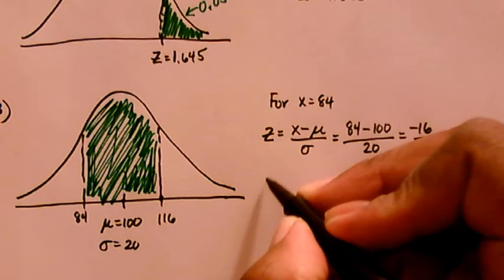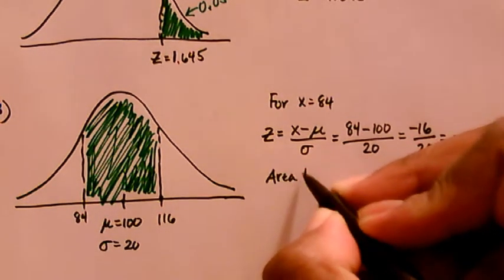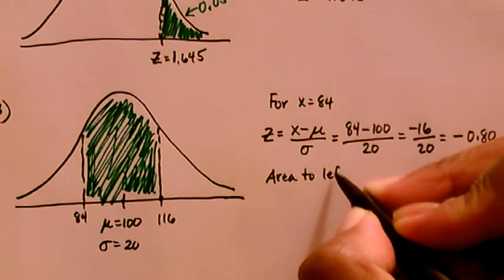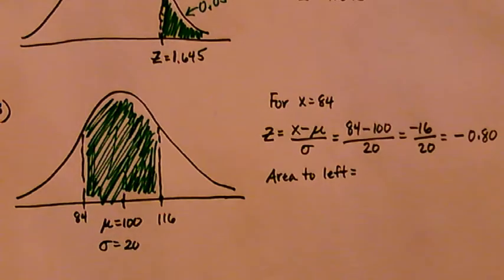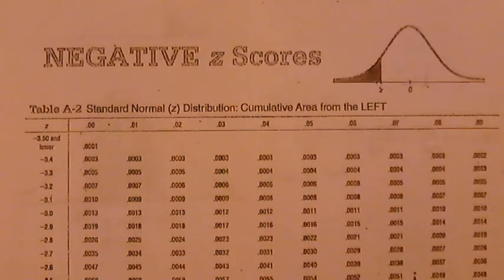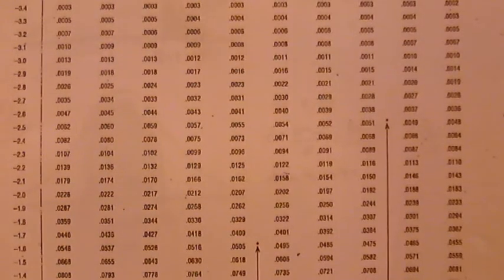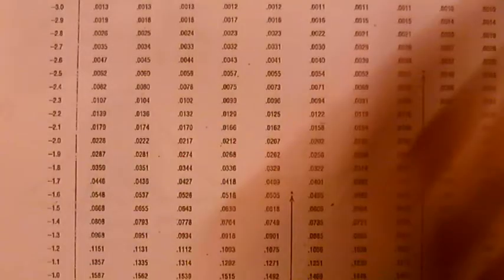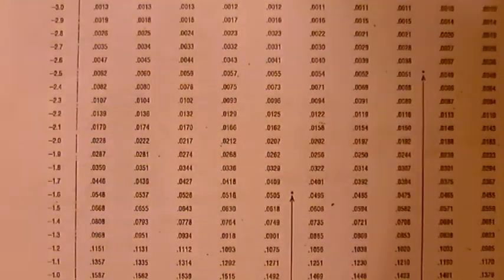And then we find the area to the left of negative 0.80. Here I'm going to pull up the negative z-scores for table A-2, and find negative 0.8 on the left hand side, way down here.